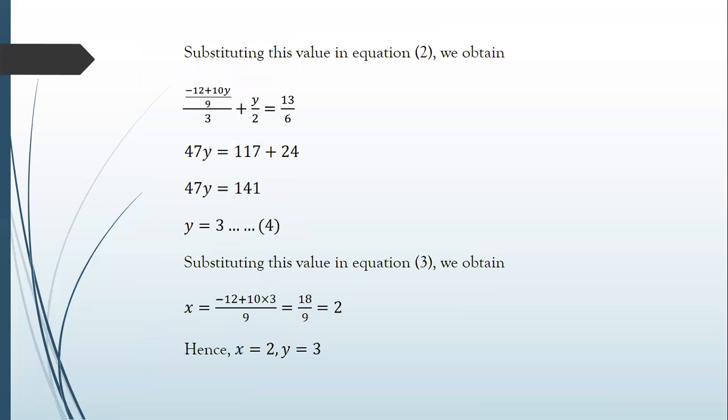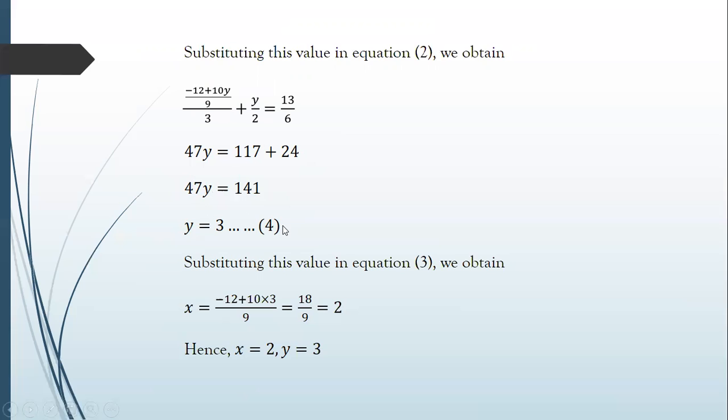Now we are going to substitute the first substitution in equation 2. So we get minus 12 plus 10y by 9 divided by 3. So instead of x we have substituted, plus y by 2 equal to 13 by 6. Again we'll take LCM over here. LCM is 6. So we multiply and then solve. We get 47y equal to 117 plus 24, which is 47y equal to 141.